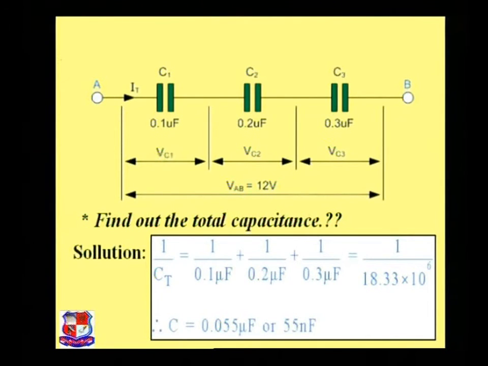See, here one example is given: C1, C2 and C3 are connected in series form. C1 has the value 0.1 microfarad, C2 is 0.2 microfarad, and C3 is 0.3 microfarad. So we have to find the total capacitance, and Q1, Q2 and Q3. The charge in the three capacitors is the same, so Q1 equals Q2 equals Q3. But the voltages VC1, VC2 and VC3 are different.